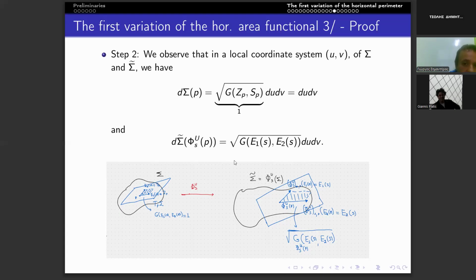This is practically 1, the area of the square here in the point P of the unit square, and then we just compute the pullback of d tilde sigma using the one parameter family of diffeomorphisms here. So we have that the surface area measure here can be described by this formula here by some computations.